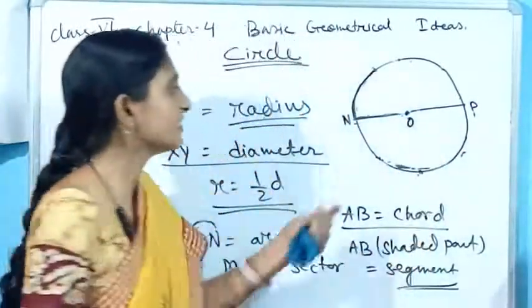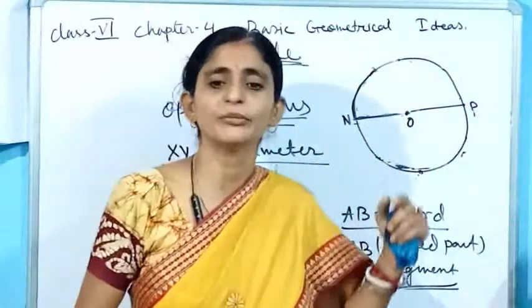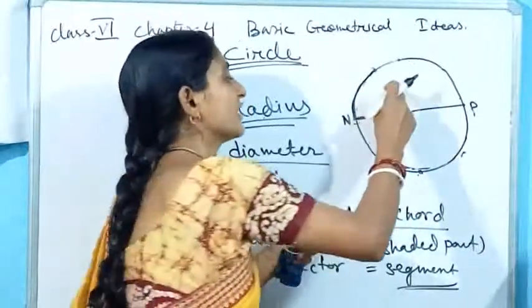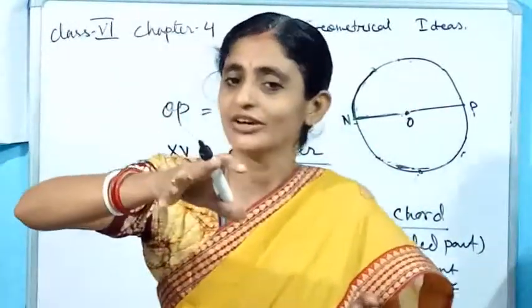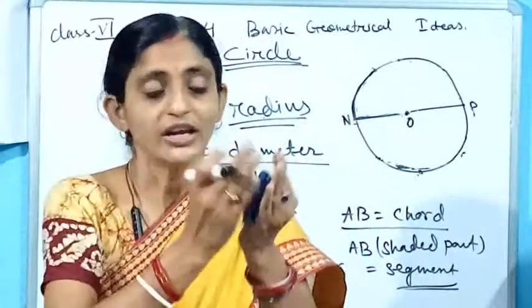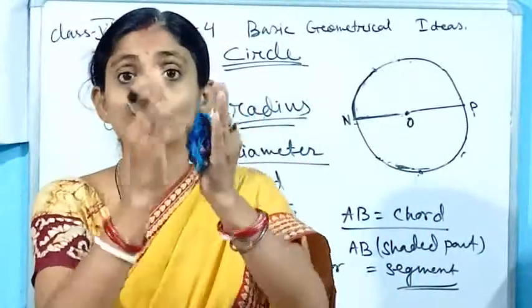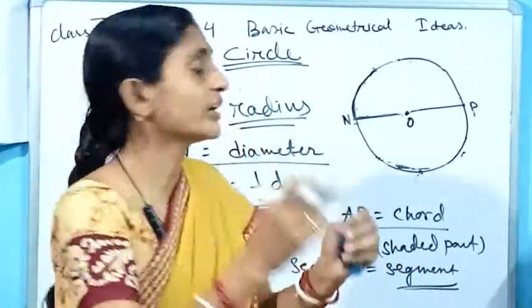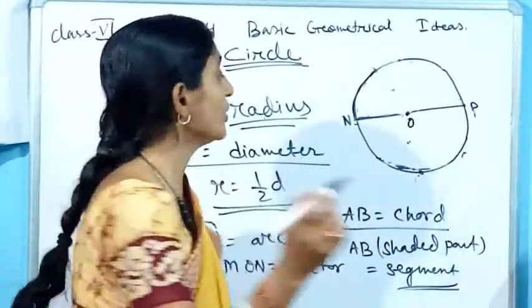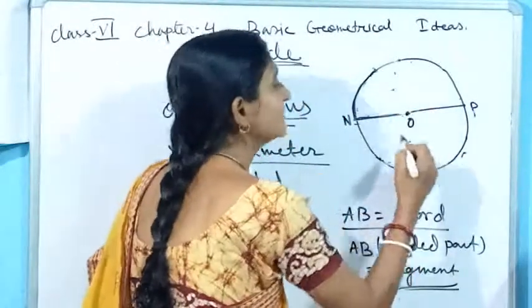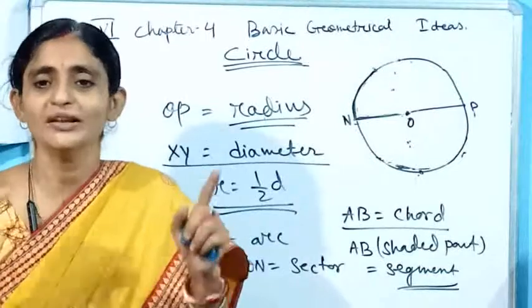You can see that my circle has been divided into equal parts. If you draw a circle on paper, cut it and fold it, you will get two equal halves. Those two equal halves are called a semicircle. So a diameter can divide the circle into equal parts.